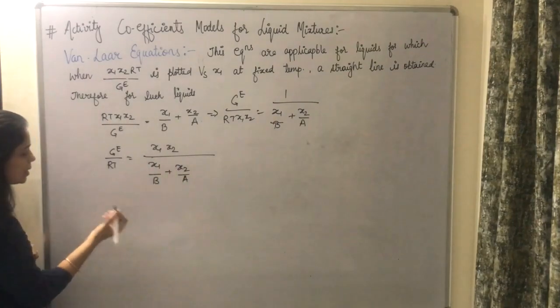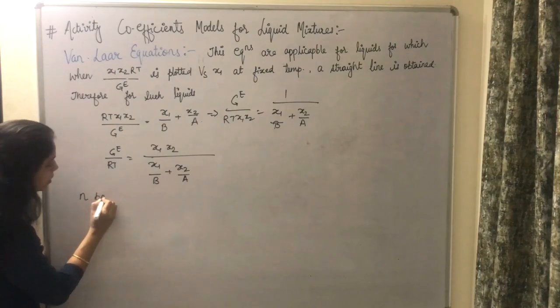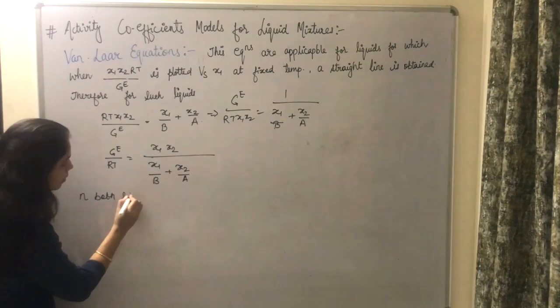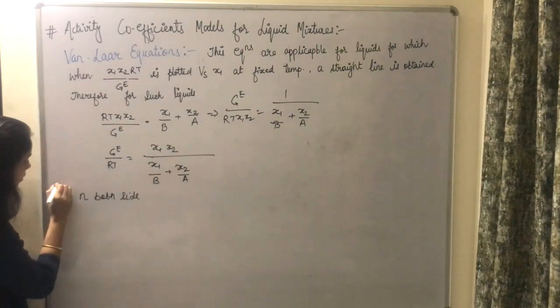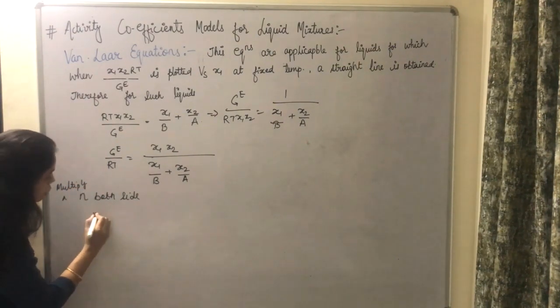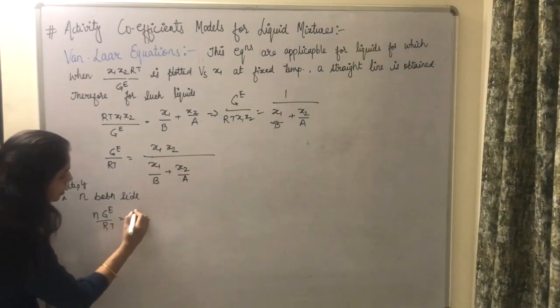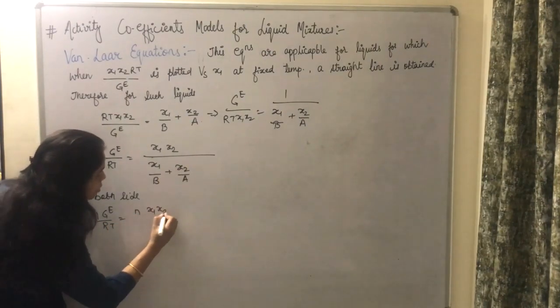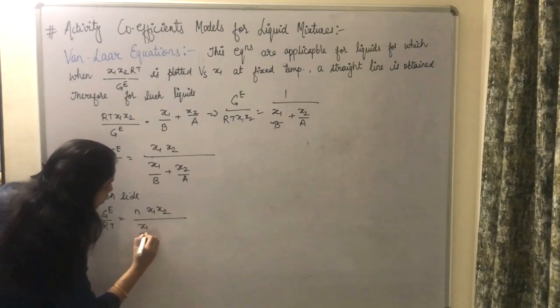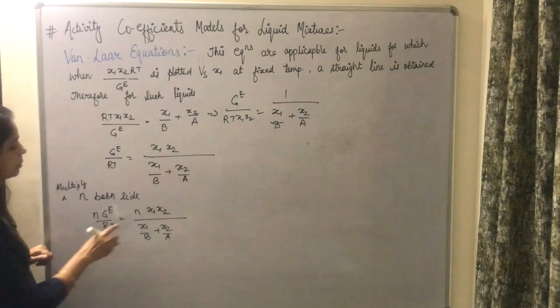Now just multiply it the same way as we did last time, multiplied by n on both sides. Same steps. So n GE upon RT equals n x1 x2 upon x1 b plus x2 a. Fine.